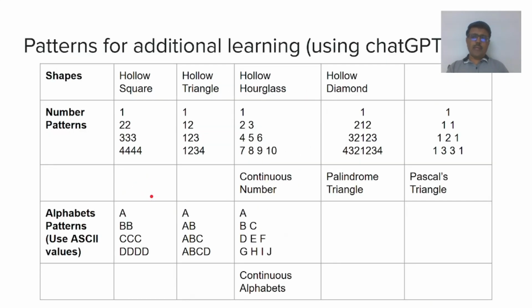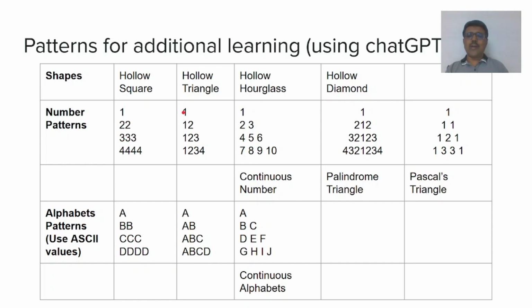Similarly, instead of stars, you can also make use of numbers. One star means one, two stars means two, we saw that, right? In a similar way, you can put the number itself, so the number will be getting printed. One means one time, the second row two times, three times, four times, like that.